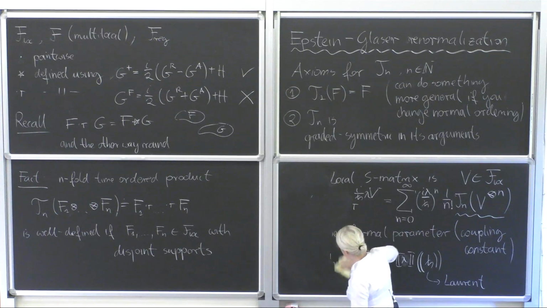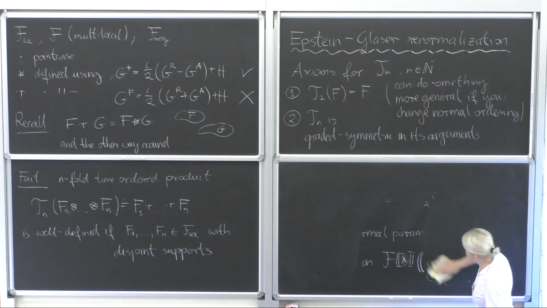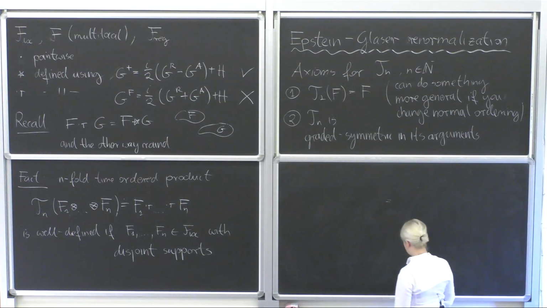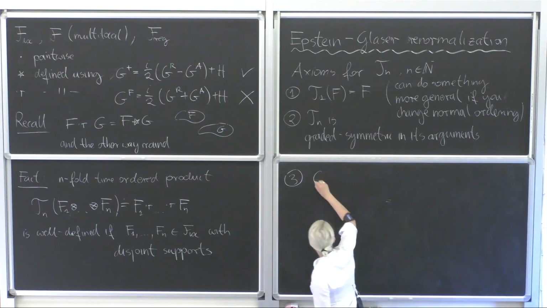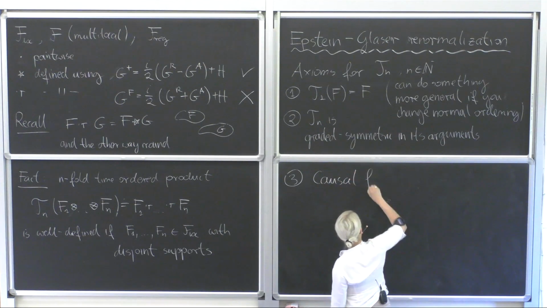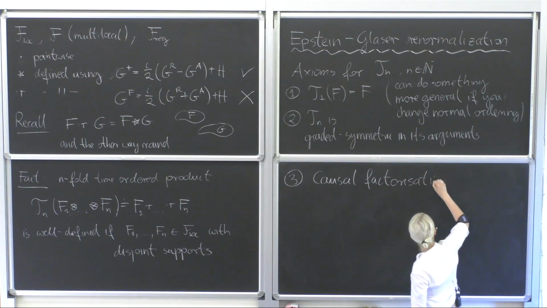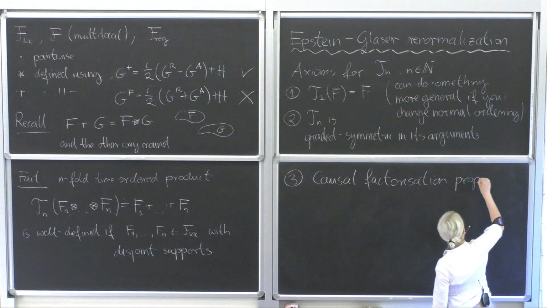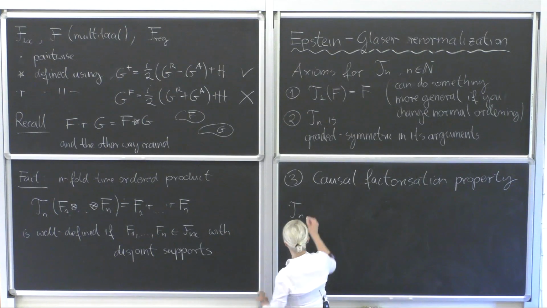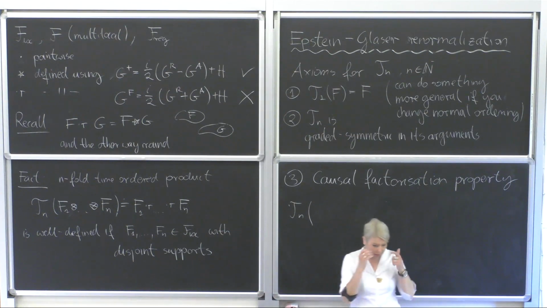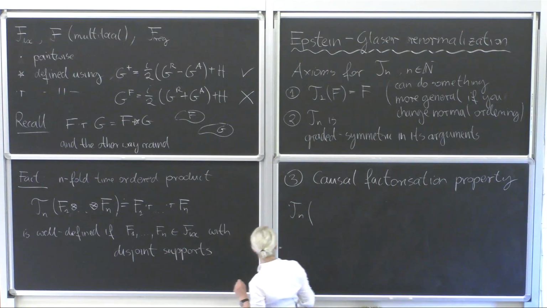So here comes one which is actually crucial and somewhat defining property for these guys. So this is called causal factorization. So the causal factorization property. Okay, and it looks as follows. So let's say we have a bunch of these F1 to Fn, which are not all pairwise disjoint, but I can split them into two groups.